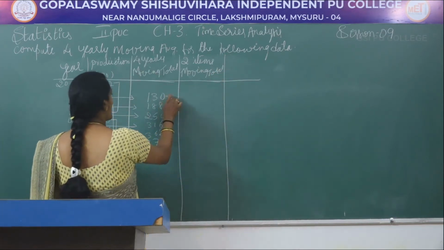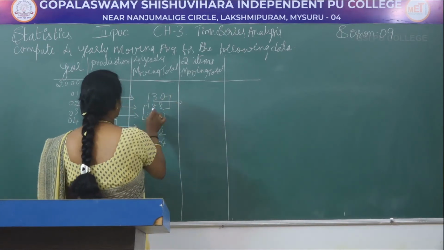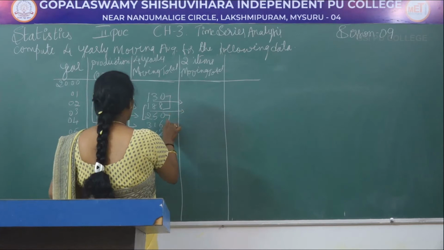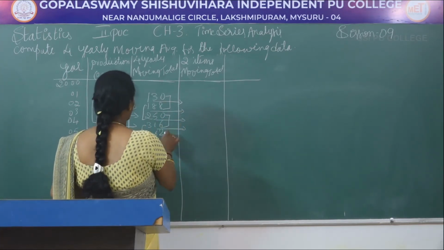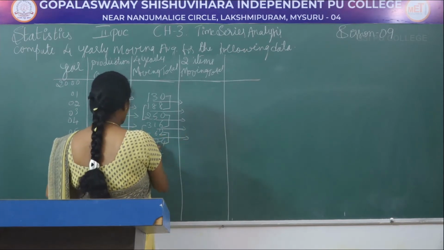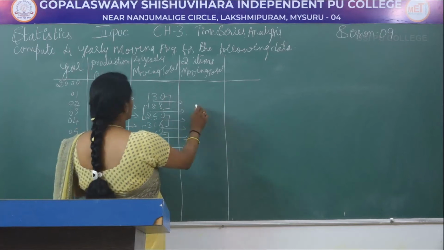So again I should add 2 numbers and I should write in the position. Next to 2 with the position, next to 2 with the position, next to 2 with the position. With position if you add the numbers and write, it is easy to calculate.